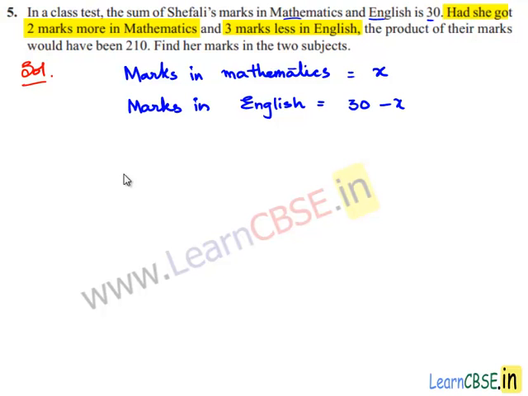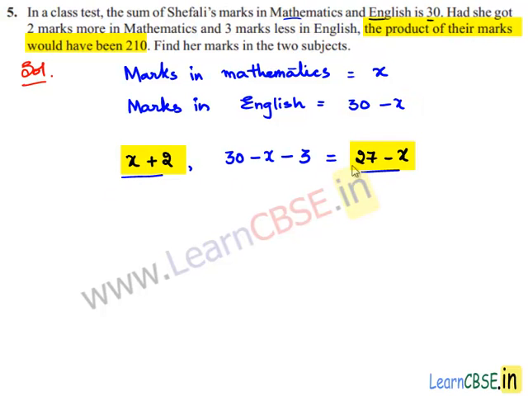So 2 marks more in mathematics is nothing but X plus 2, and 3 marks less in English is nothing but 30 minus X minus 3, which is equal to 27 minus X. So this product is equal to 210.